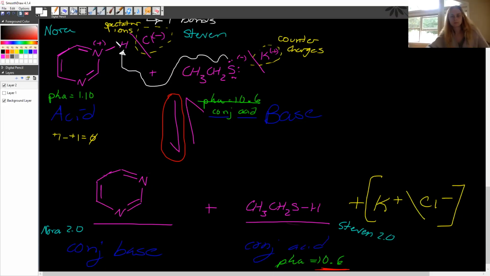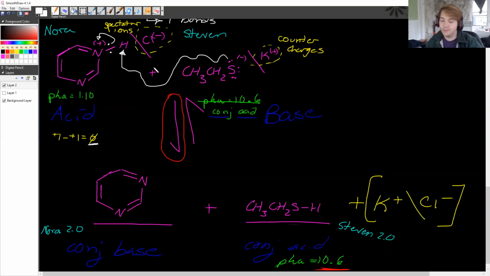But what ends up happening is that, don't forget that there's 2 electrons that are shared between the nitrogen and the hydrogen. And so essentially what's happening is that both of these electrons are being sent to the nitrogen, which is what ends up making it neutral. A little bit more involved than what we have to go into right now, but in case anybody is wondering.